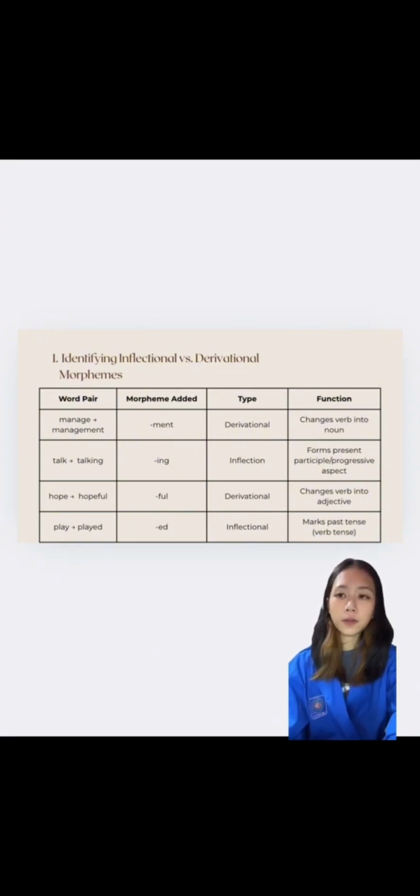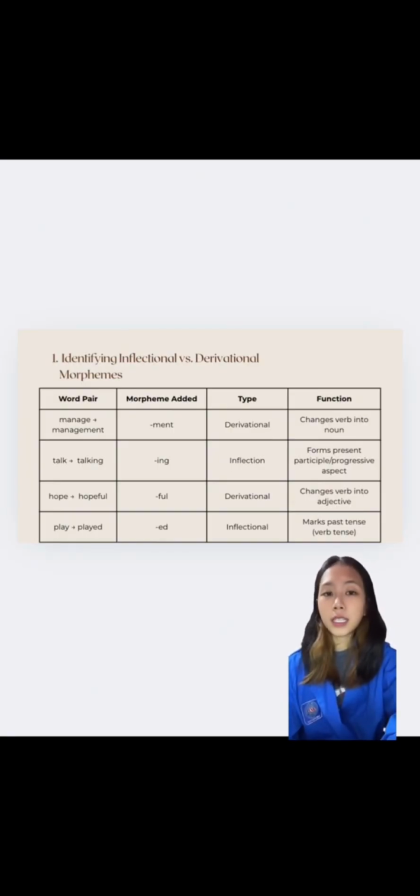Derivational morphemes form new words with new meanings, while inflectional morphemes only modify tense, aspect, or number. As you can see, there are many examples in this table.